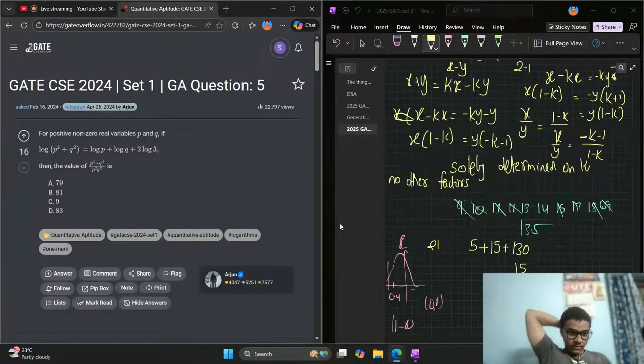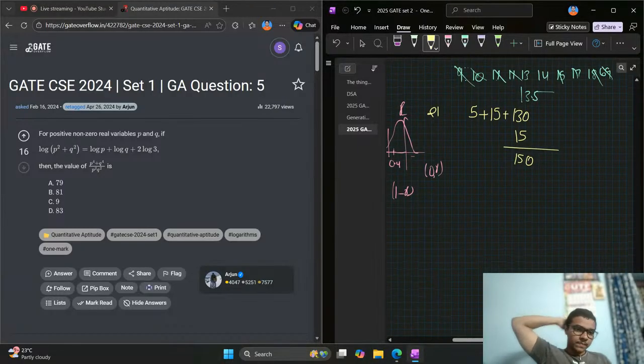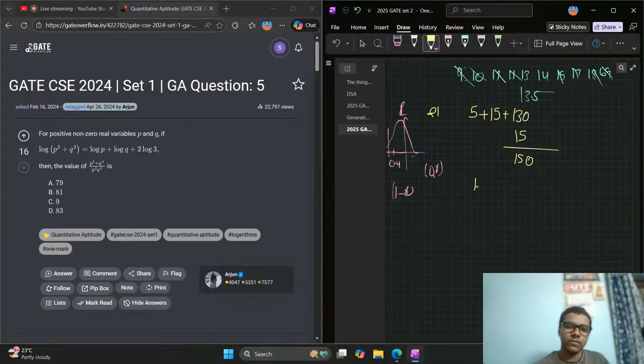For positive non-zero real variables p and q, if log p square plus log q square is equal to log, okay.